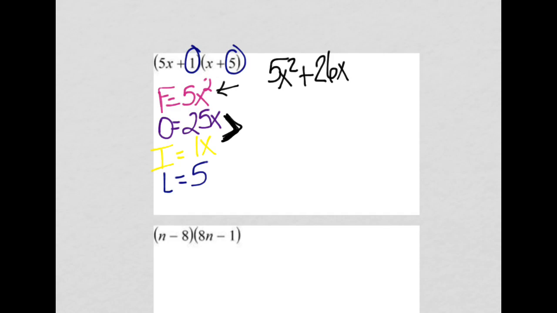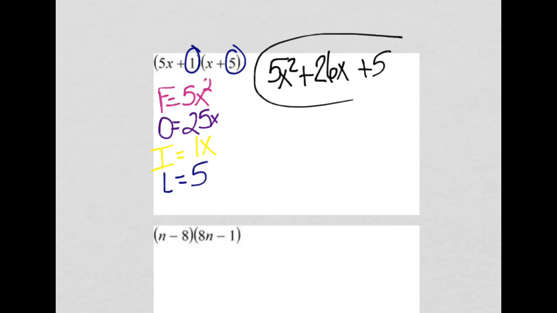And then I have one final term with no variable attached to it, and so he gets tacked on to the end. So this right here is my answer in standard form, starting with the variable with the biggest exponent, and going in decreasing order.